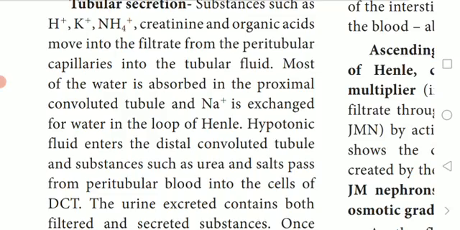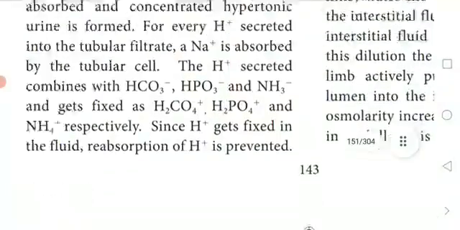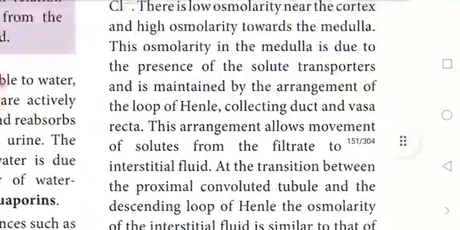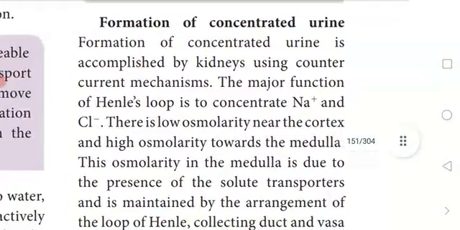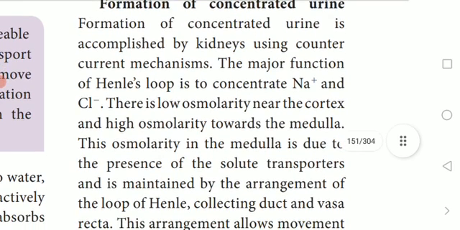This is the topic, tubular secretion. Substances such as hydrogen, potassium, creatinine, organic acids, all these things move into the filtrate from the peritubular capillaries into the tubular fluid. As I showed earlier, you can go through the previous video where you can learn what the peritubular capillaries are.